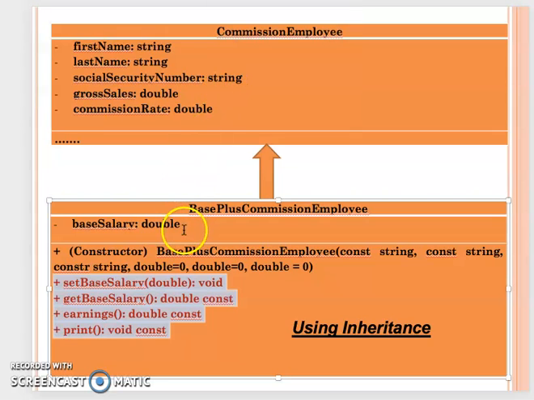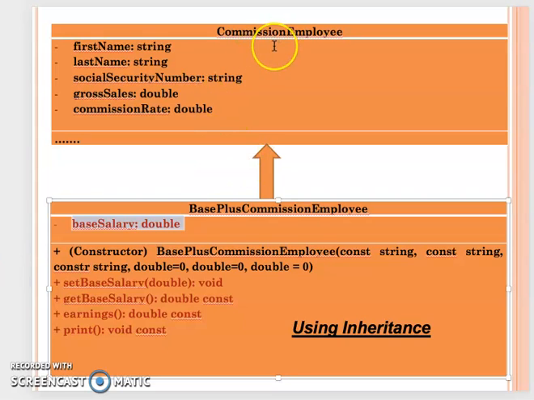We have the base salary, the getter function for the base salary, and the setter function for the base salary. But I do have the earning and the print. The good thing is, since we have this inheritance arrow, all the data attributes and member functions are inherited. So how will this arrow be shown in the source file?